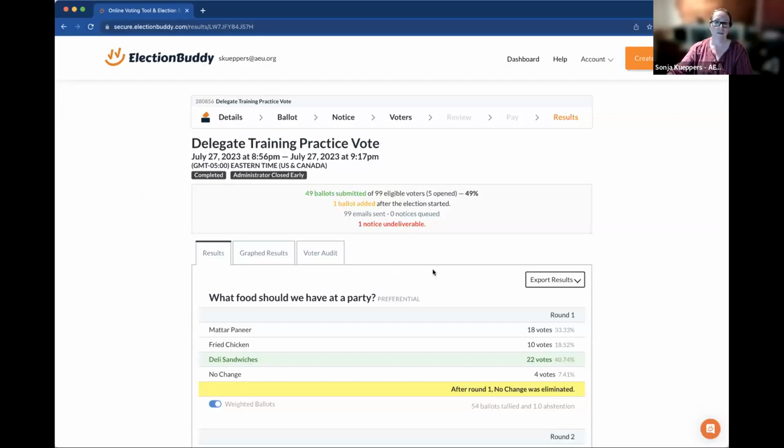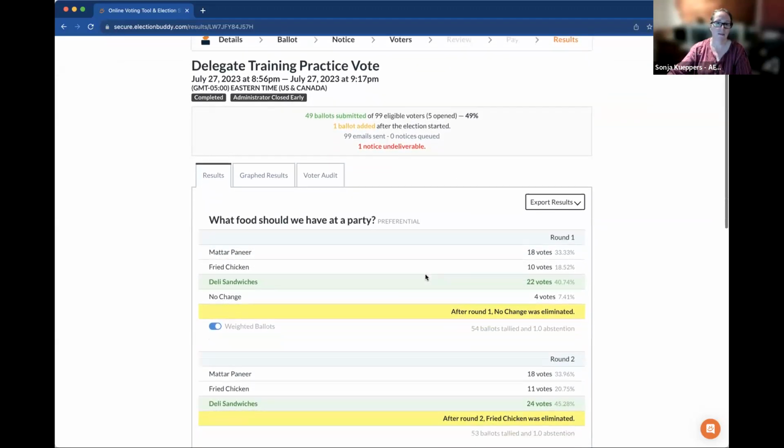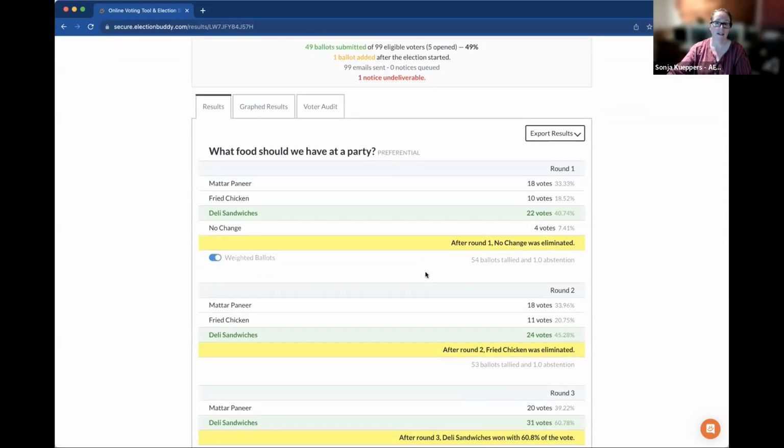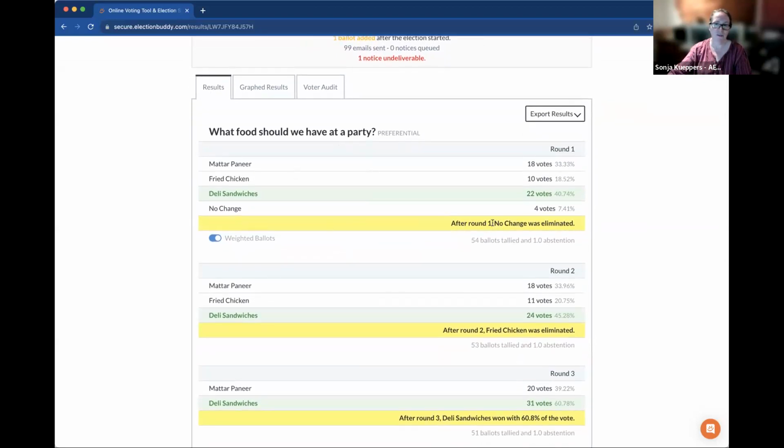All right, so this is what the results would look like for you. You would be able to see that in choosing the food for our party, after the first round, deli sandwiches had a lot of popularity, but they had not reached 50% of the vote. So the option with the lowest number of votes, no change, was eliminated from consideration.